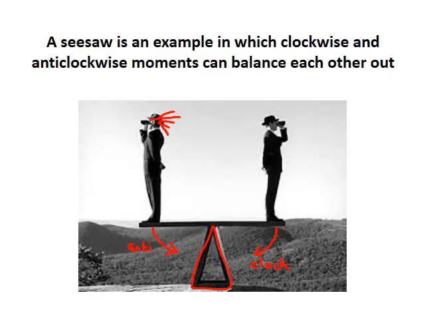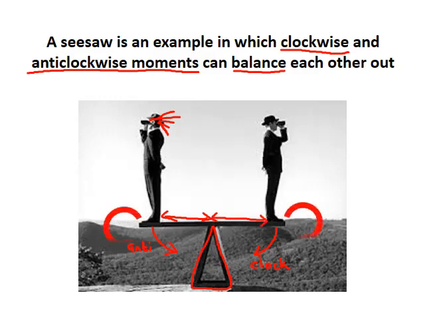Now, when clockwise and anti-clockwise moments balance, there's no movement. So in this case, if these people were equal and are equal distances from the pivot, then the anti-clockwise and the clockwise moment would be equal. Oh yeah, that's a better diagram.